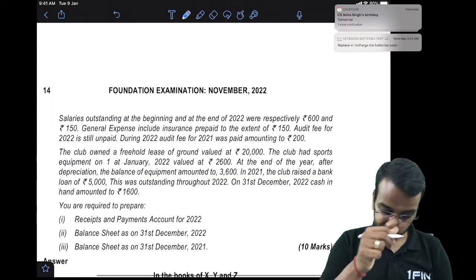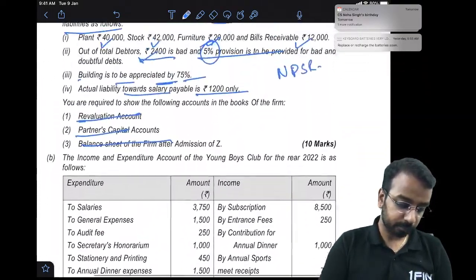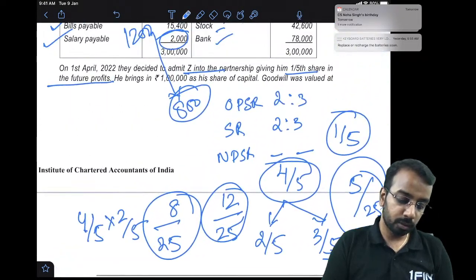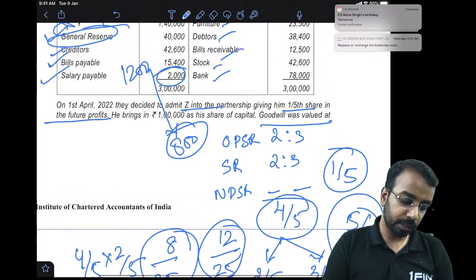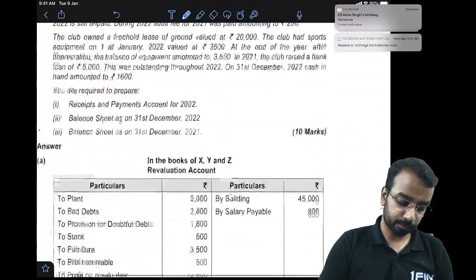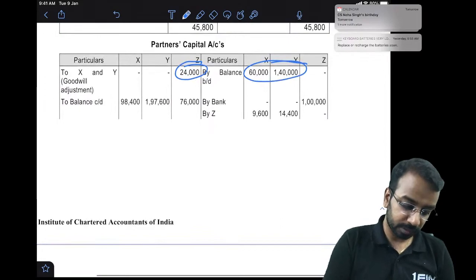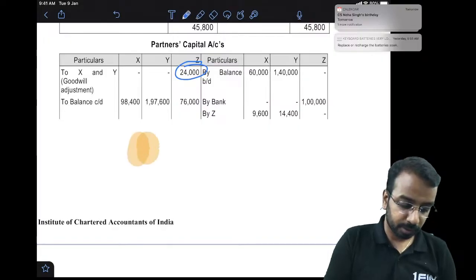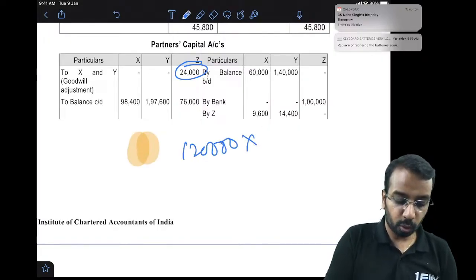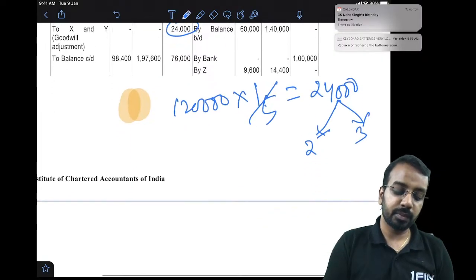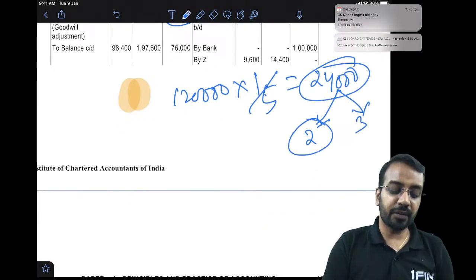Basically, 1,20,000 is the goodwill value of the firm, and 1/5 was his share. 1,20,000 into 1/5, you get 24,000. This is also in the ratio of 2:3, because the sacrifice ratio is also 2:3.